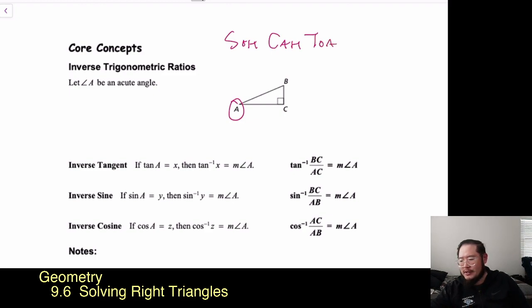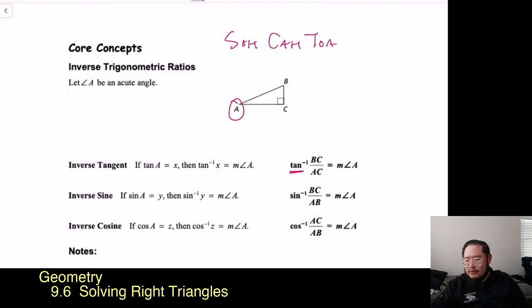So if I'm going to use tangent of angle A and find the angle, they better give us the opposite and adjacent sides. If I'm trying to find angle A by using sine, then they better give me the opposite and hypotenuse sides. And if I want to use cosine of angle A, then I better be given the adjacent and hypotenuse.